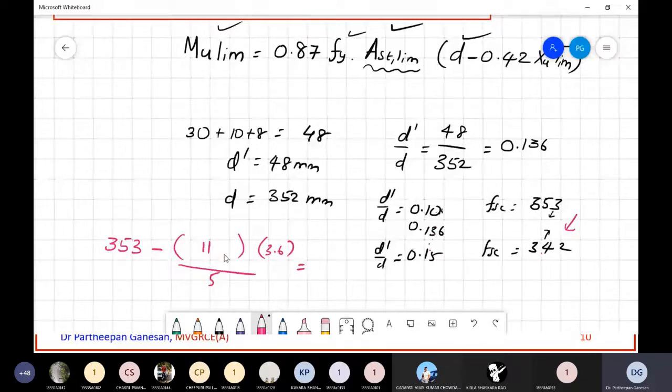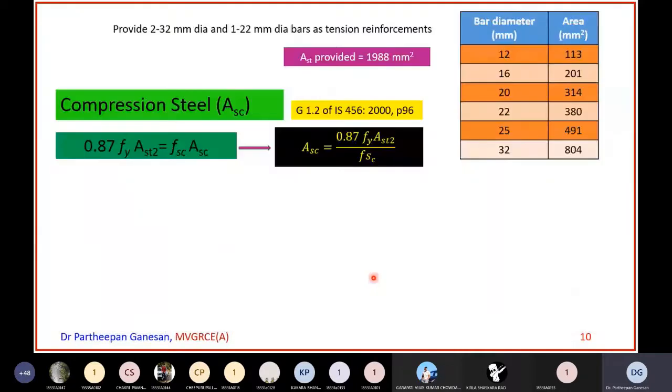353 minus 11 divided by 5 into 3.6, which gives 345.08. So 345 Newton per millimeter square, right? What did we take yesterday? Yesterday also we took 345 only.